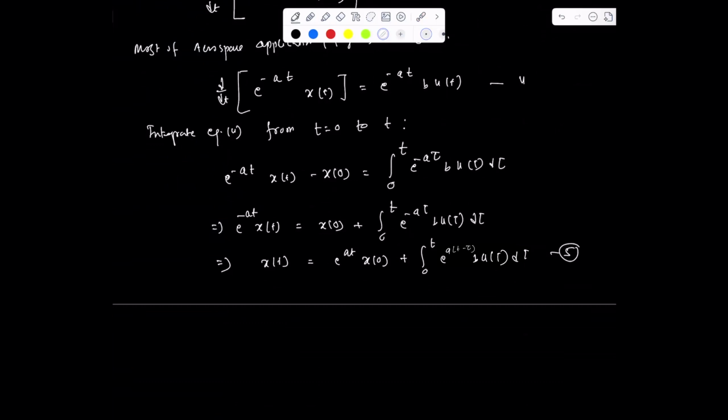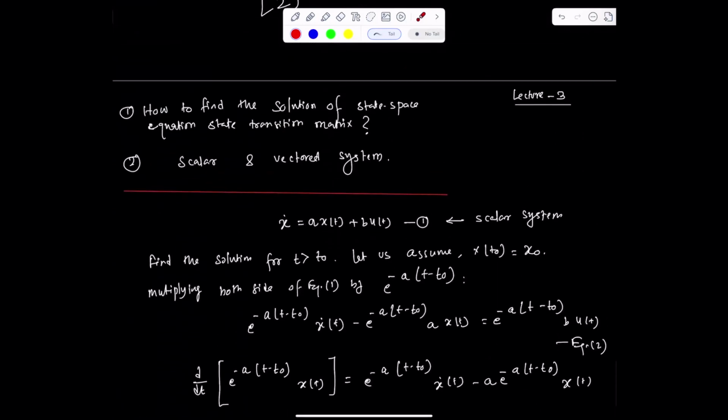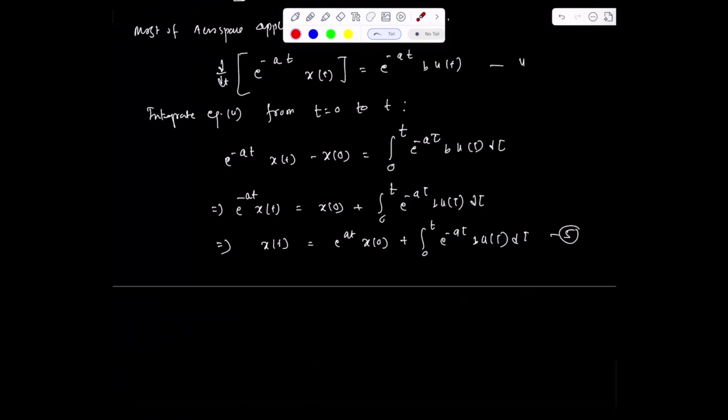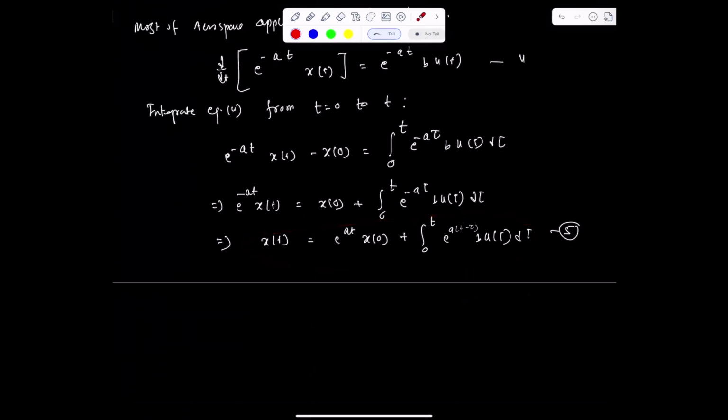If you look closely at this equation, this term talks about the natural system behavior, because it comes from the natural dynamics, and this term is due to the control input for the scalar system. So in the solution x of t, this part talks about the natural system behavior, and this part talks about how the external input is going to affect the system over time.